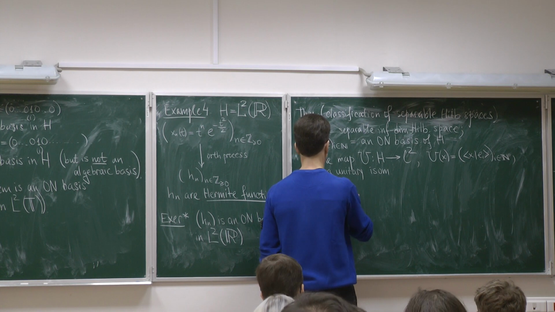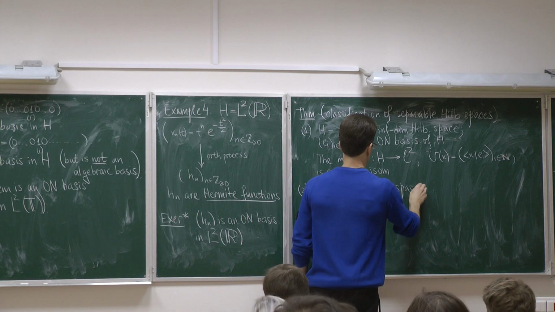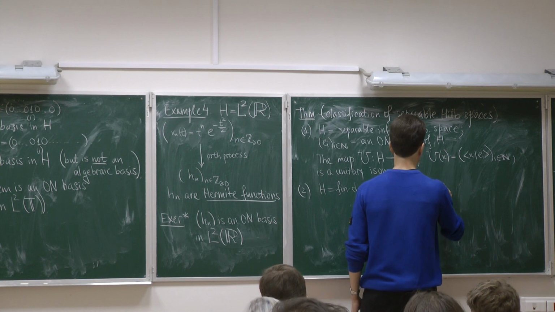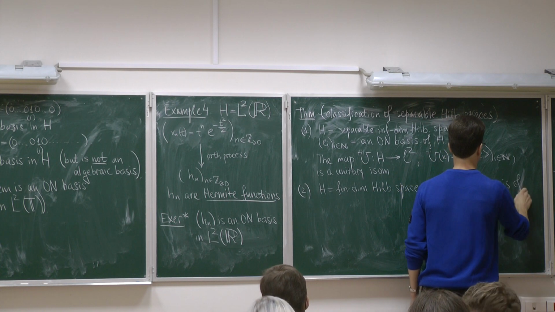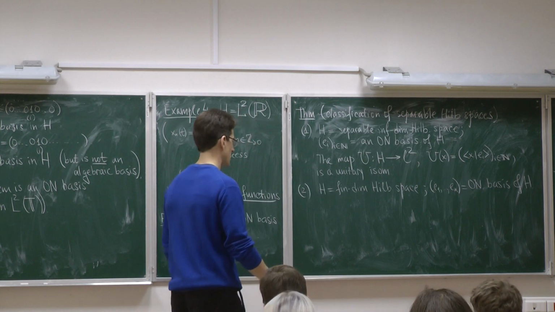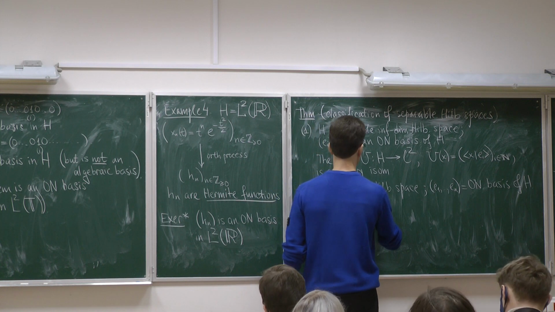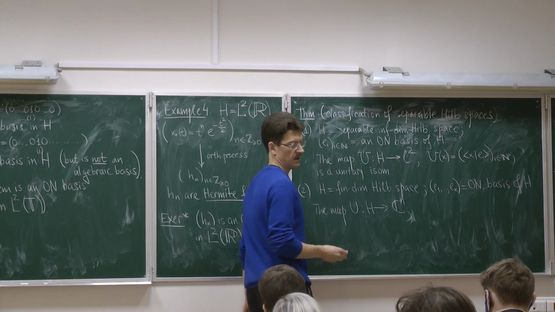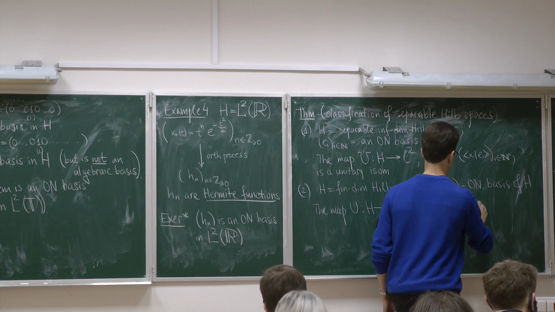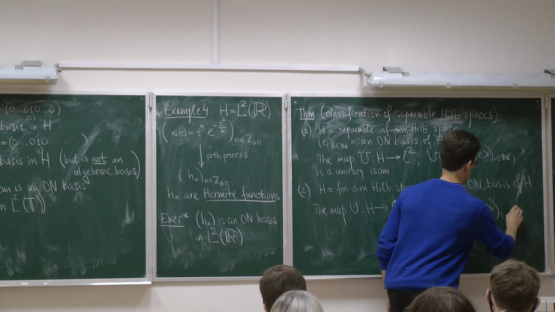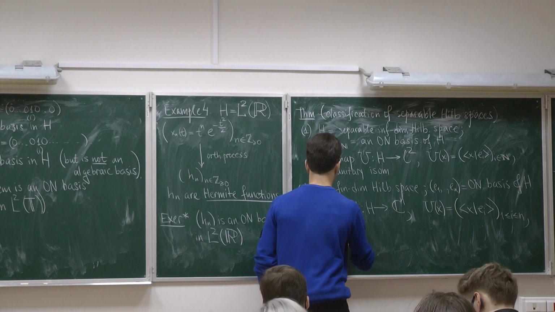So if H is a finite dimensional Hilbert space, then we may choose a finite orthonormal basis of H. And I claim that the map U, which now acts from H to C^n, and is given by the same formula, taking x to the sequence of its Fourier coefficients, is a unitary isomorphism.